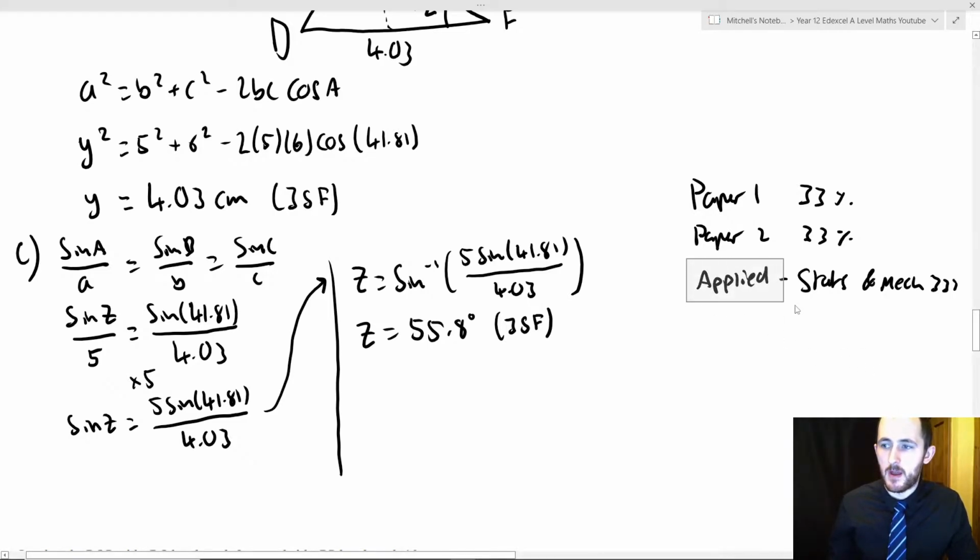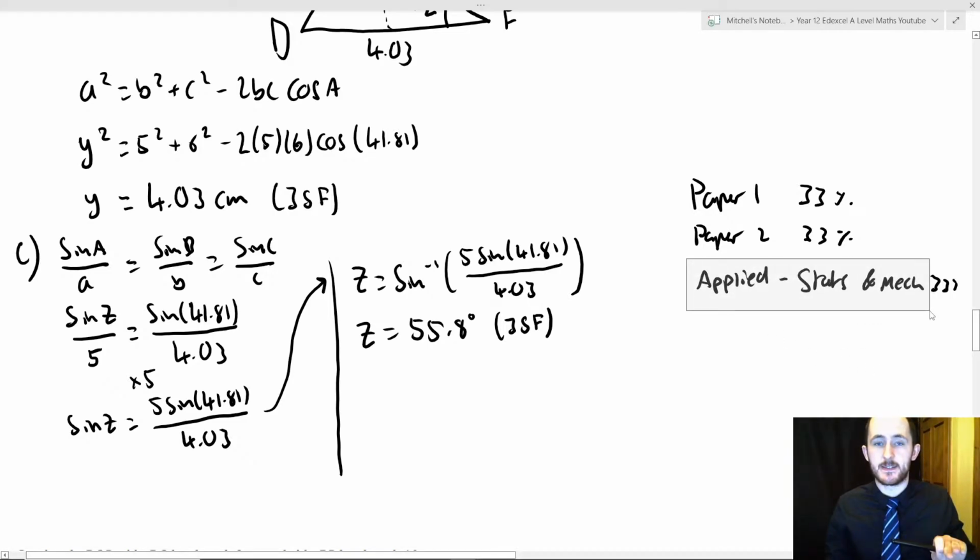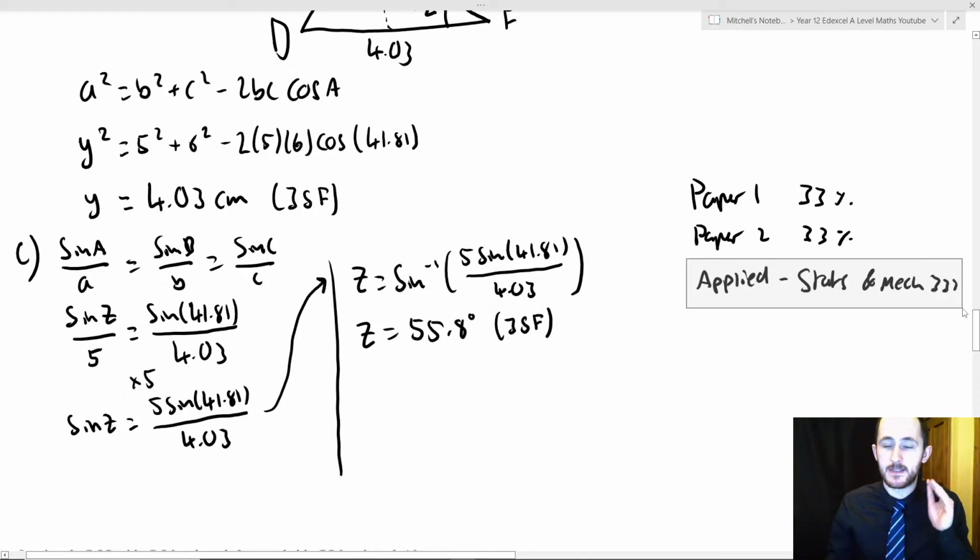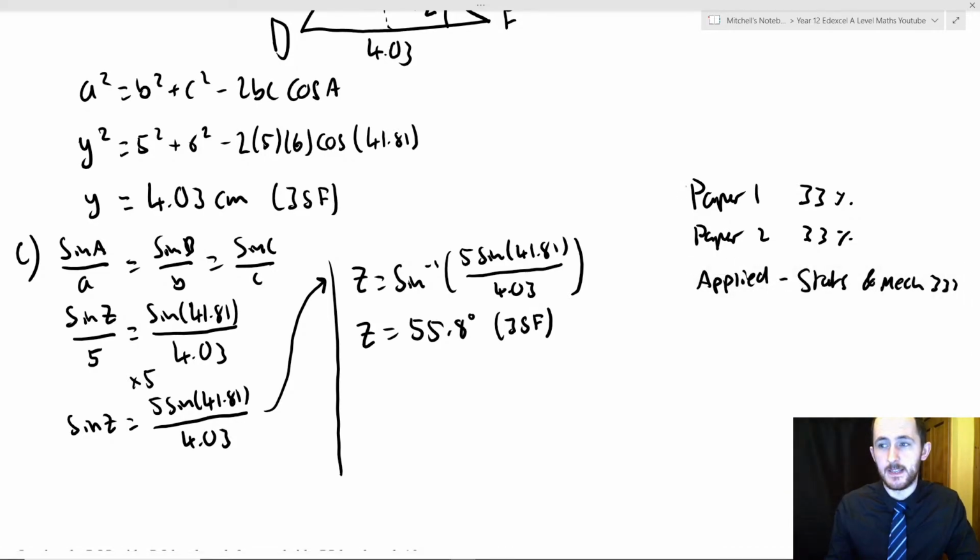With applied, it's all of mechanics and stats. Every single bit of mechanics and stats only appears in the applied paper. For paper 1, roughly, it breaks down to the stuff you did in AS, and the stuff you did in A2.